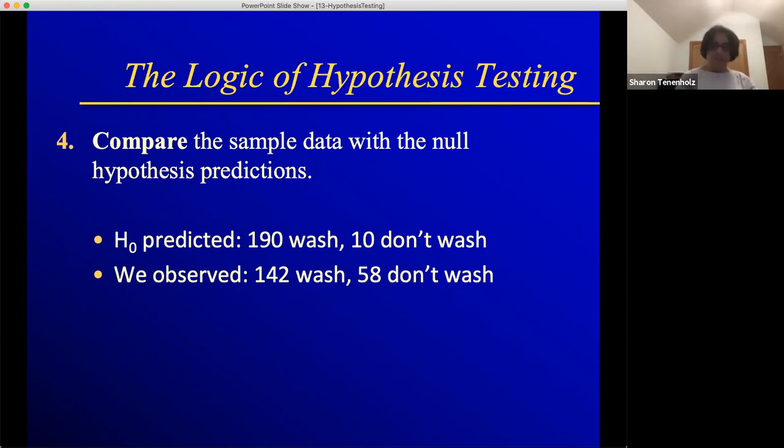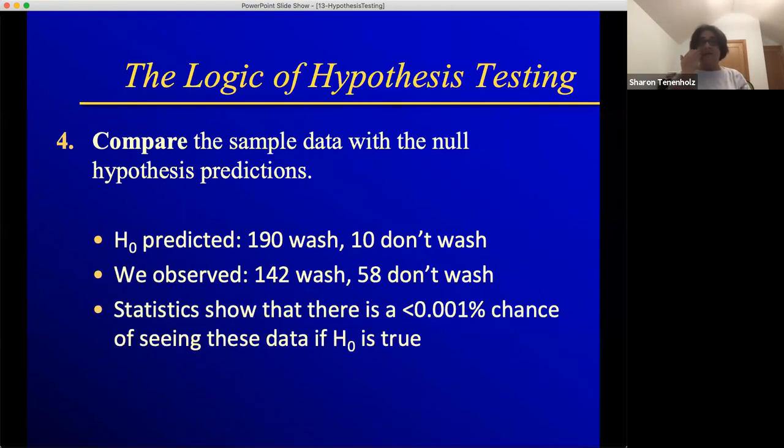Now, I'm not going to teach you how to run the statistics on this today, but if I ran statistics, I would see that there is less than a 0.001% chance of seeing these data if the null hypothesis is true. If at least 95% of people wash their hands, there is less than a 0.001% chance of observing only 142 of 200 wash.